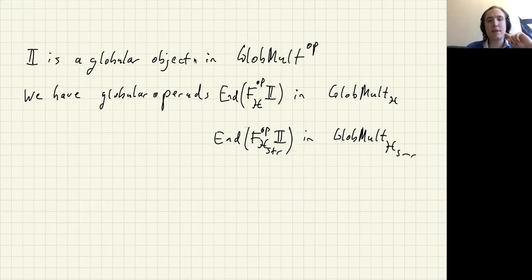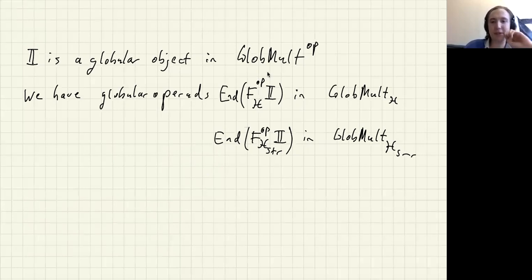And that defines a globular object, actually a co-globular object, in the category of globular multi-categories. Whenever you have a globular object in a globular multi-category, you can always ask, what is the endomorphism operad? So we have an endomorphism operad in the category of globular multi-categories. Actually, I think maybe we're missing an op here.